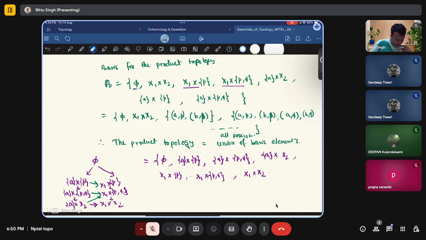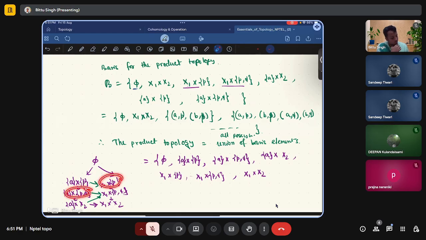Can you see some non-trivial unions here? For example, this and this, there is no relation between those two things, right?